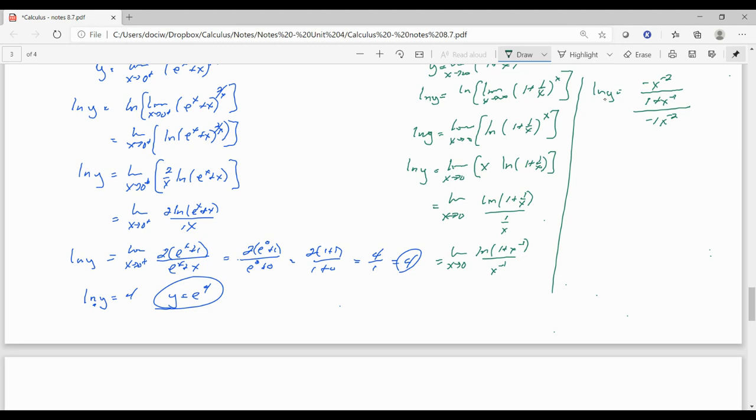And so this now is 1 over 1 plus 1 over x. Whoops, I forgot to write my limit as x approaches 0. So this is my limit as x approaches 0. Now if x is approaching 0, x is not approaching 0. I've been writing 0. It's infinity right from the beginning. I apologize for that.